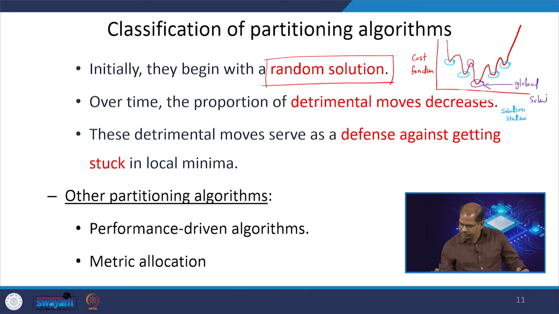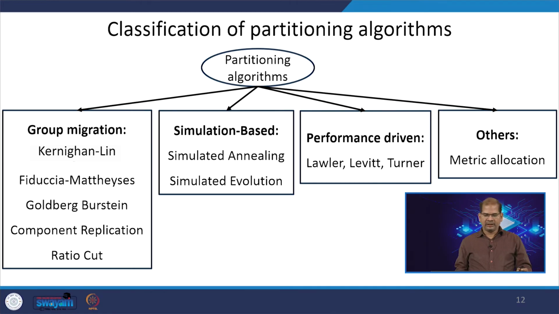So, this is very popular in industry. Simulated annealing is one of the algorithms used in partitioning. There are other types of partitioning algorithms, like the performance driven algorithm, then we have metric allocation. So, we discussed several different types of algorithms.